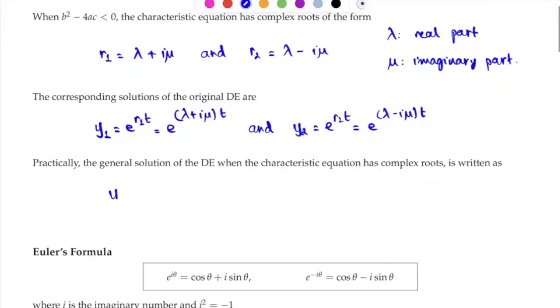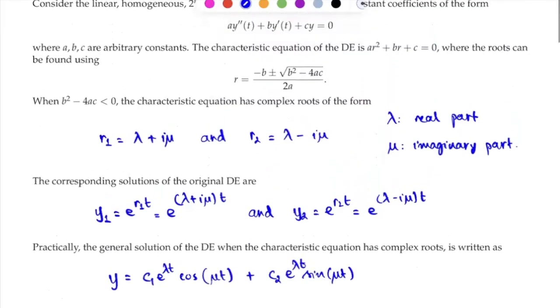Okay, so the general solution is going to look like this. y equal to c1 times e to the lambda t times cosine of mu t plus c2 times e to the lambda t times sine of mu t. Okay, and you may wonder where this general solution is coming from, provided that we have a complex root in the characteristic equation.